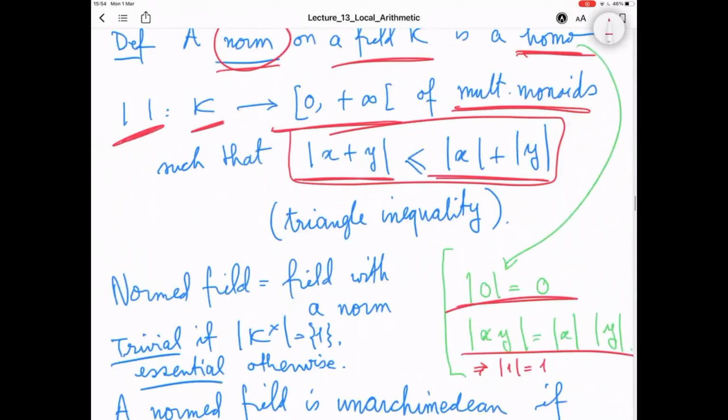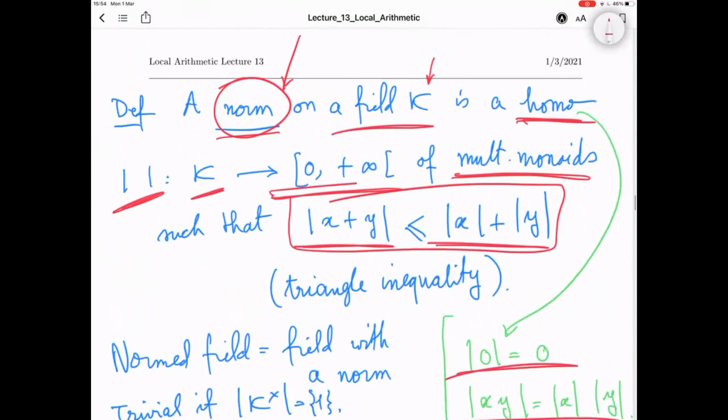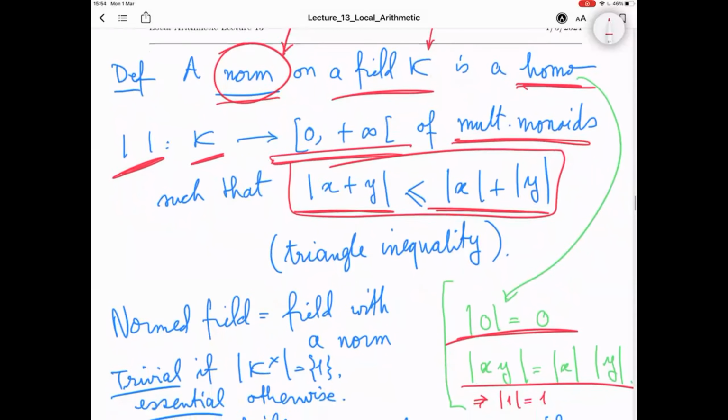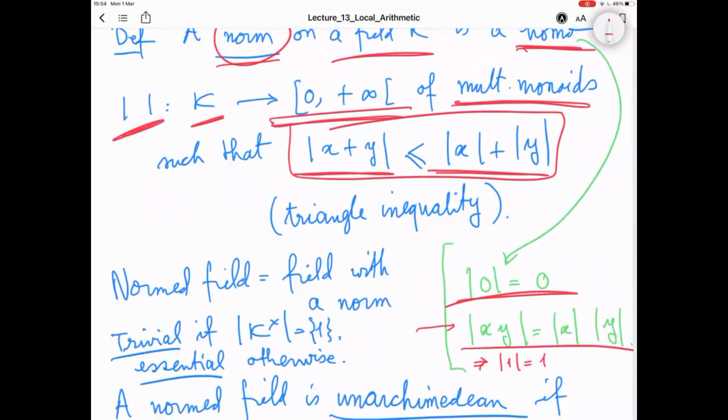So it's just a map from K to [0, ∞), to the positive reals, such that it is multiplicative, takes 0 to 0, and under addition, the norm of x plus y is less than the sum of the norms of x and y.